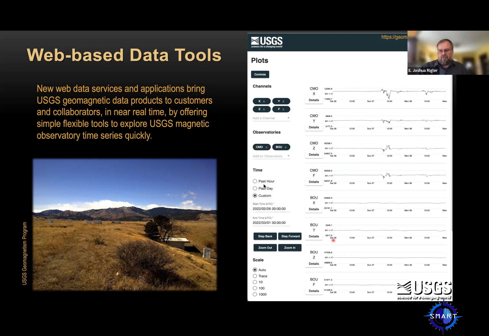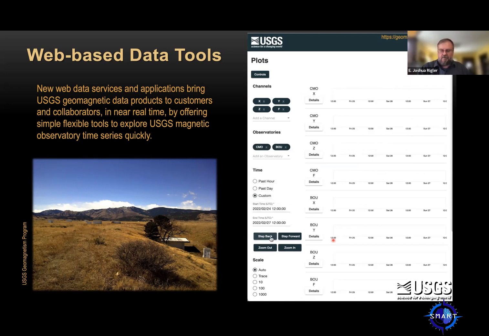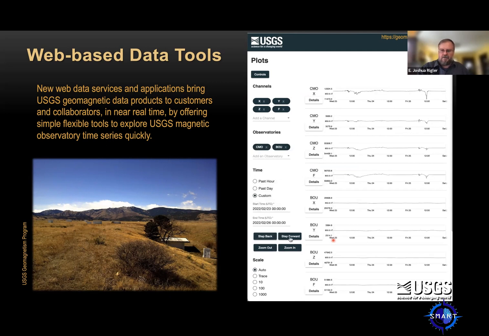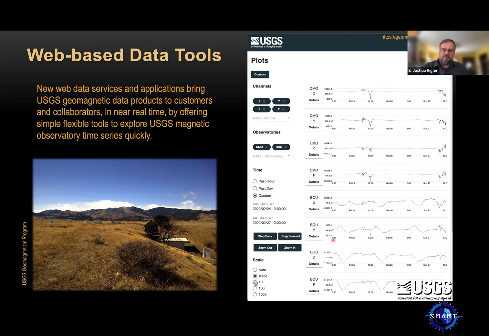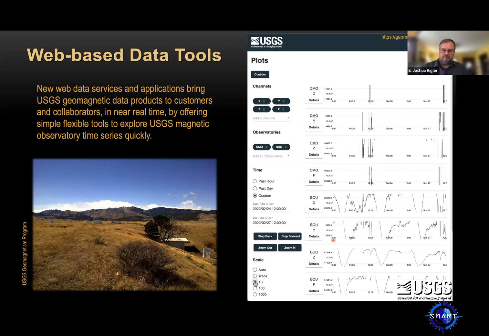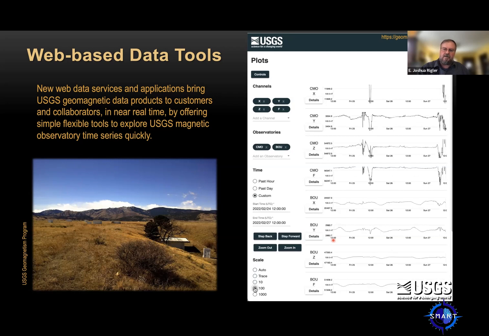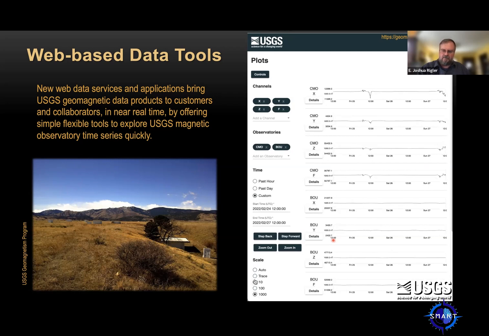You can add other observatories. You could have all our observatories in there. You can span forward and backward in time. Usually most interested in near real time, but you could go back and look years in the past. We have definitive data, which goes back decades. We have operational real-time data, which goes back years.